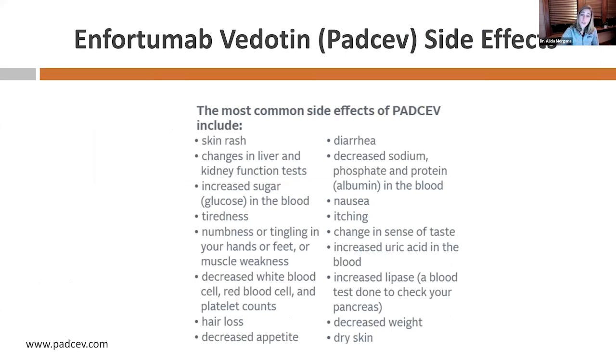So enfortumab vedotin is also called Padcev, and some of the most common side effects that, of course, we should review here include things like skin rash. It can include some high blood sugar and some other complications, but generally these are very similar complications to regular chemotherapy.